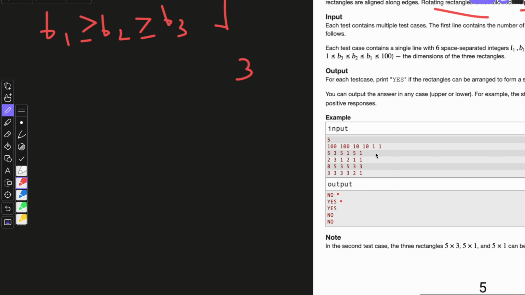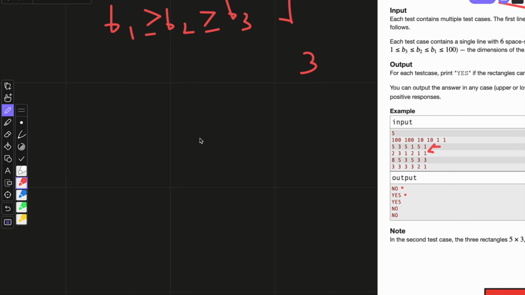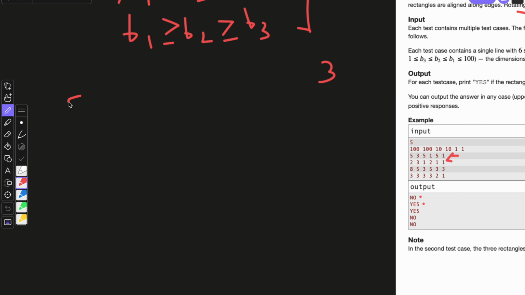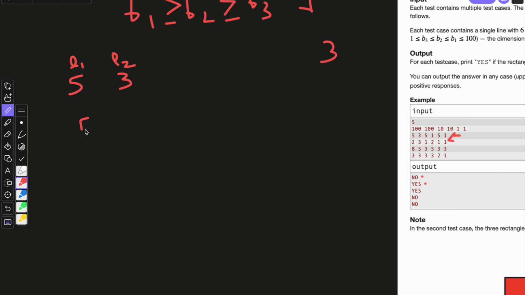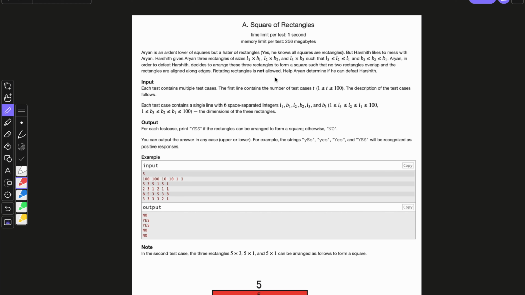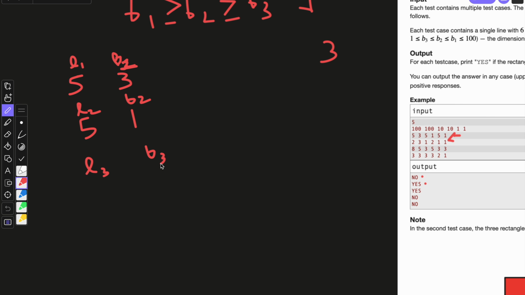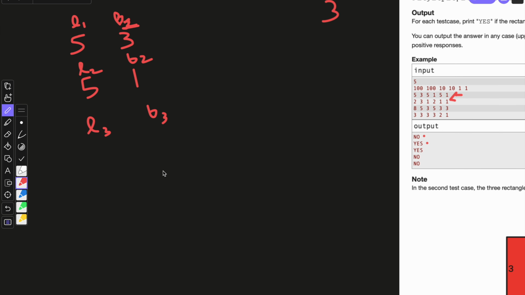So let's see the second test case. It's 5 and 3 as L1 and B1, then L2 and B2 and L3 and B3 are 5 and 1.